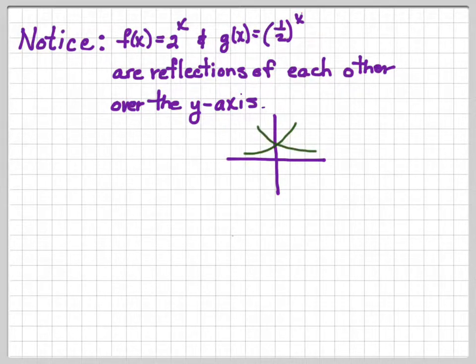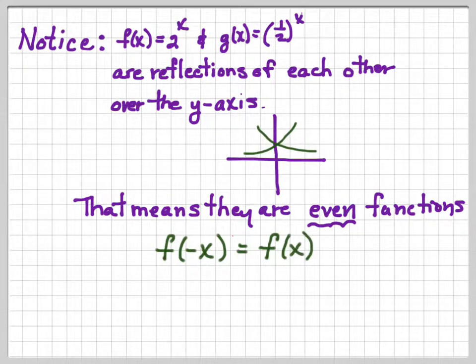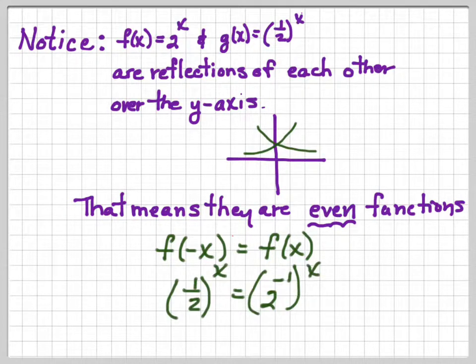And they share one point in common, and that is 0, 1. Even. And what that means is f of negative x equals f of x. 1/2 raised to the x power is the same thing as 2 to the negative 1 raised to the x power, which is 2 to the negative x, which is the same as f of negative x.